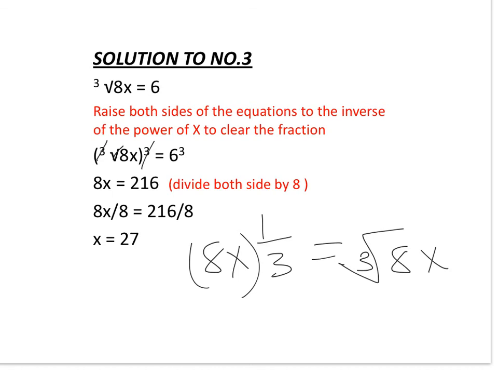So we have 8x is equal to 216. Divide both sides by 8 to remove the coefficient of x, which is 8. So you have 8x over 8 is equal to 216 over 8. This 8 will cancel out. 216 over 8 is equal to 27. So you have x equal to 27.